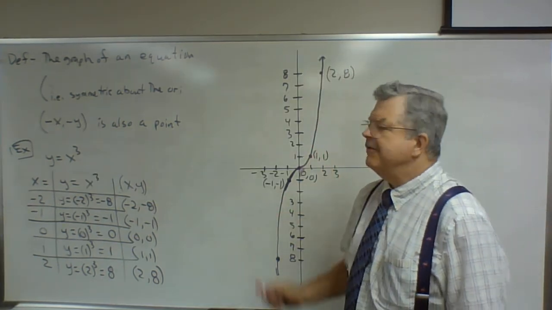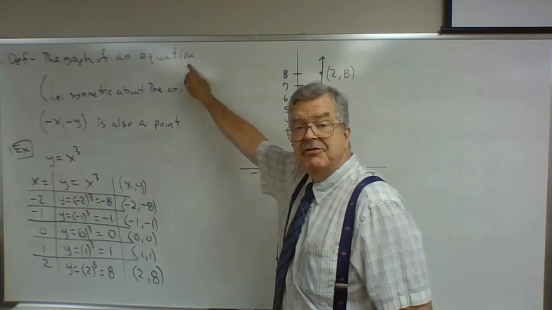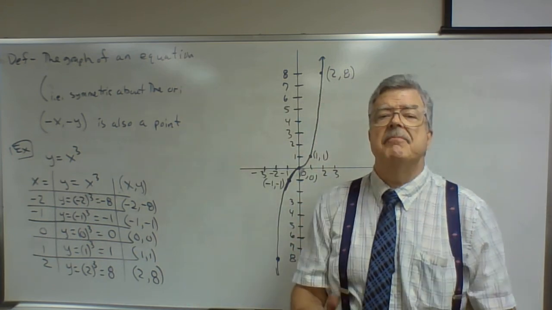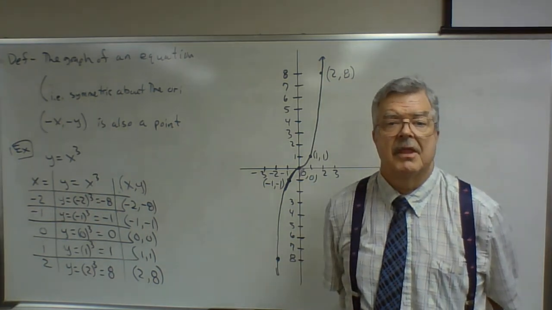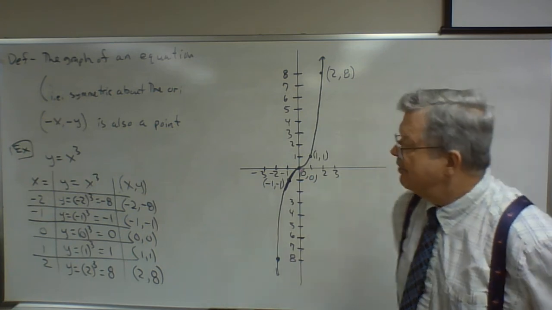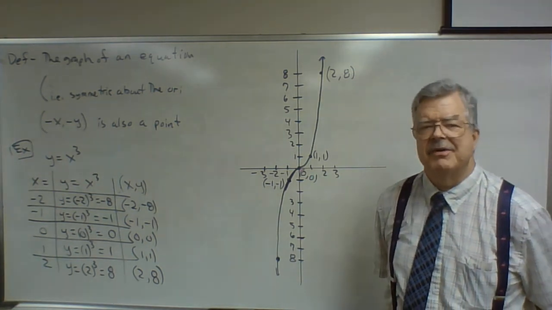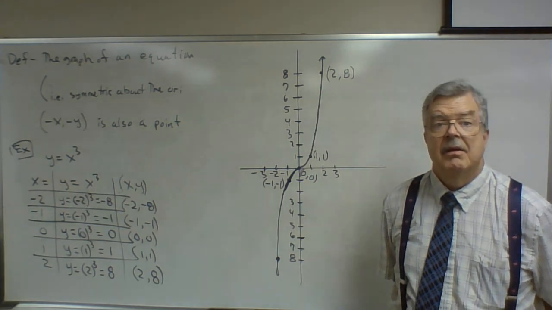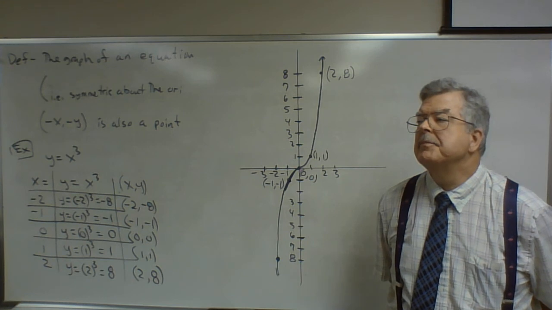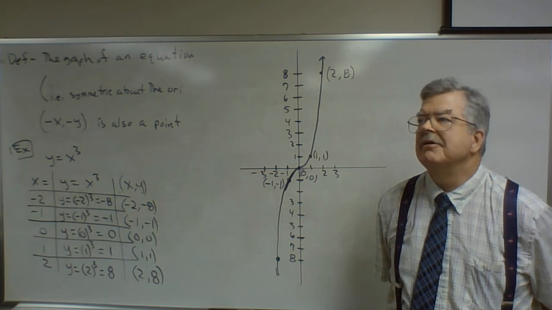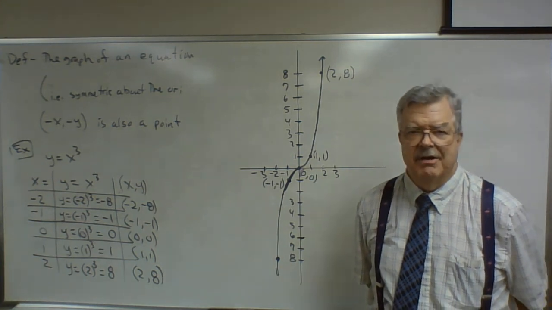This is the graph of our equation, which is symmetric about the origin. And graphically, here's what that means. This is the characteristic of the graph of an equation that's symmetric about the origin.